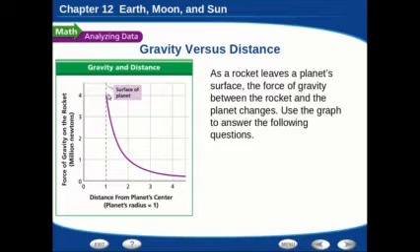Now, when that rocket takes off, it's going to go away from the center of the planet. So it doesn't matter which direction up is on that planet. So imagine your planet with a rocket on it. If that rocket takes off in an upward trajectory, meaning away from the center of the planet, it doesn't matter which side of the planet it's on.